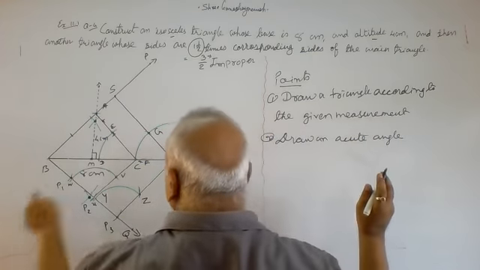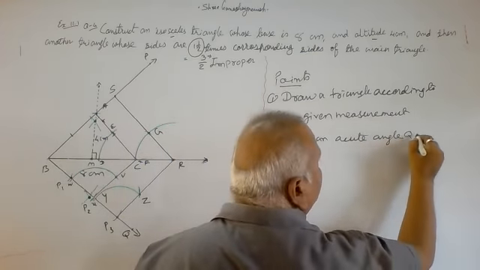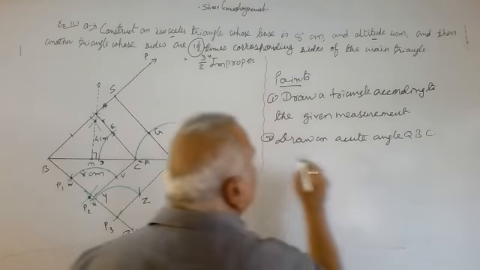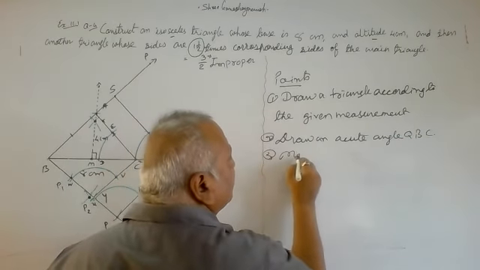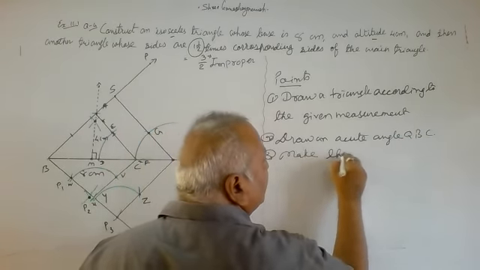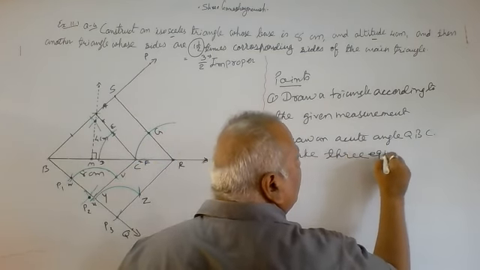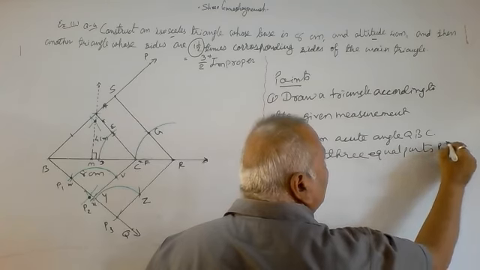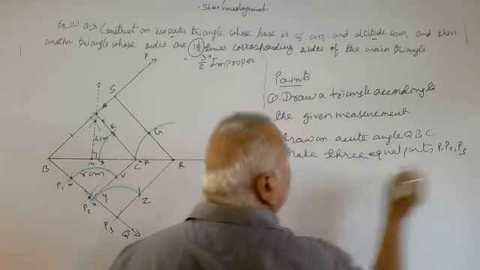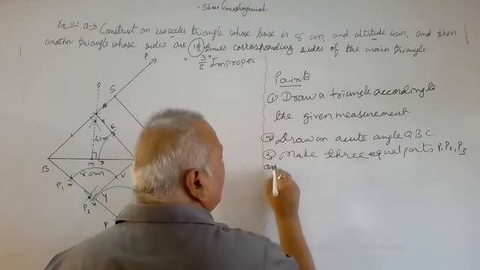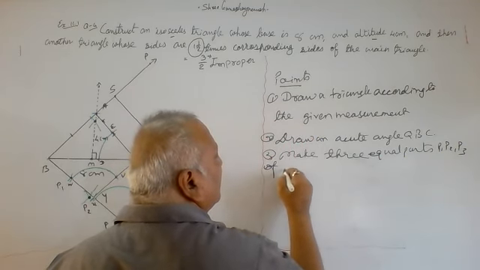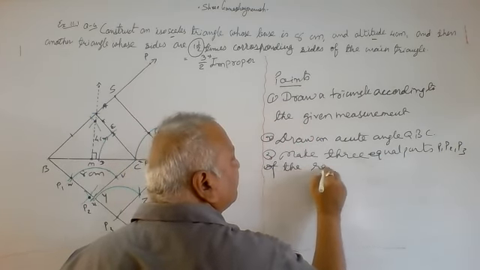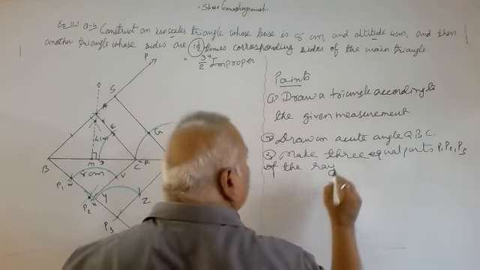It is QBR or QBC. Number 3, make 3 equal parts P1, P2, P3 of the ray BQ.